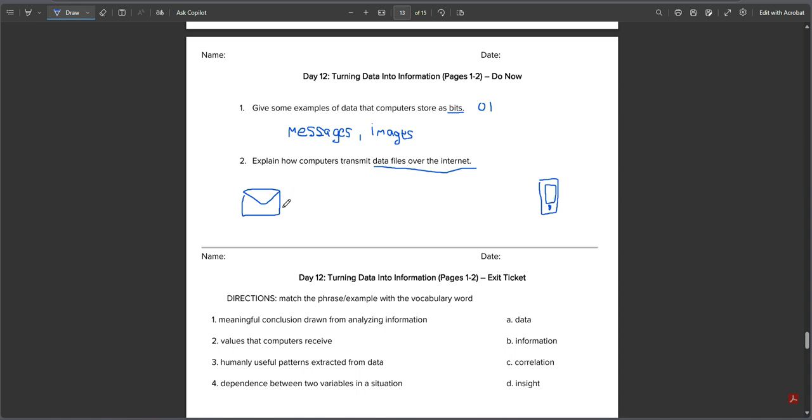Well, what your phone does when you click send is it breaks this into multiple little messages. They're called packets. So you could think of these as little packets. Again, they're called packets.